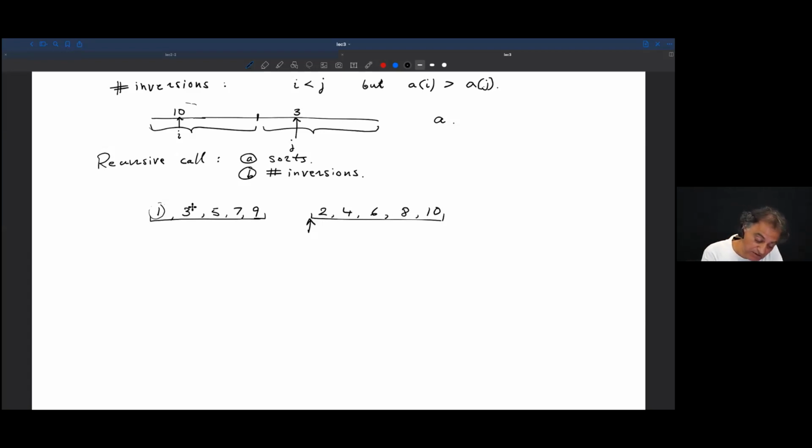Then we figure out where the second element fits in. 1 fits in out here, 3 fits in out there, and therefore we can read off that it contributes only one inversion. We figure out where 5 fits in, over here. So this gives us the number of inversions.